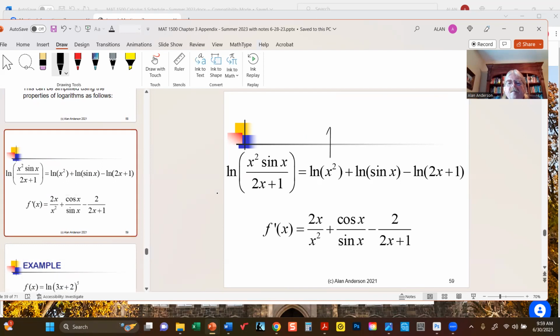Now, each one of these could be considered log of g of x. It's a different g of x in each case. We're still going to write it as log g of x, just so you can see that g prime of x here is 2x.